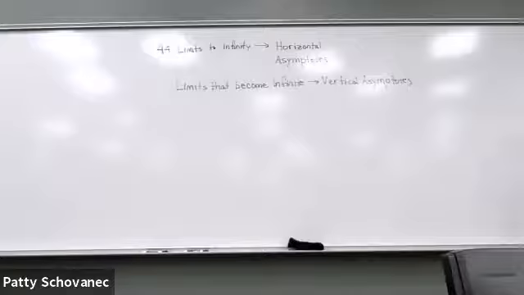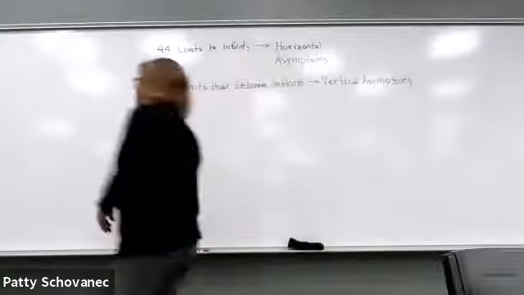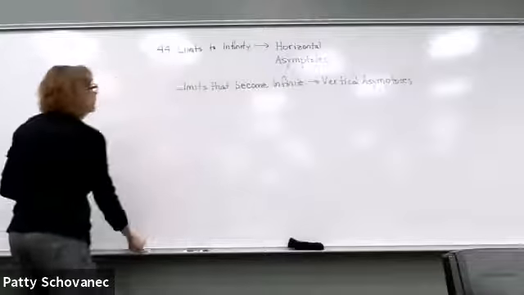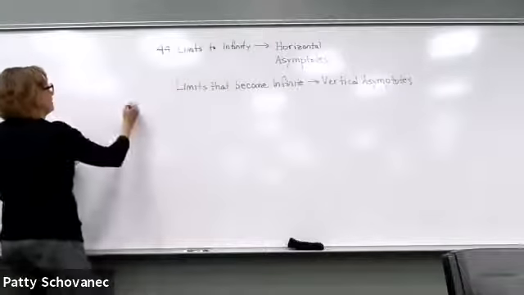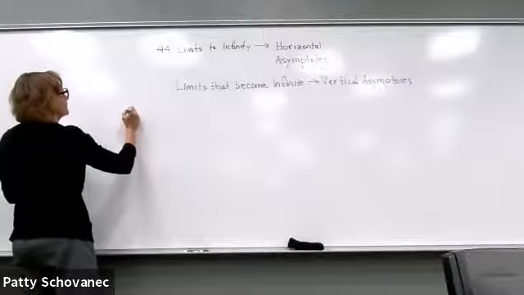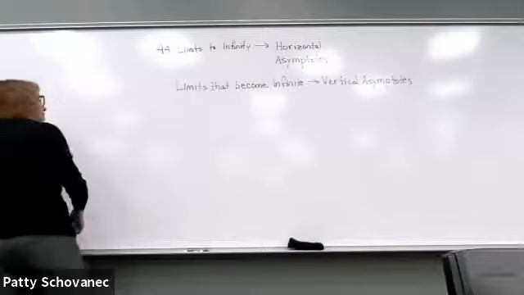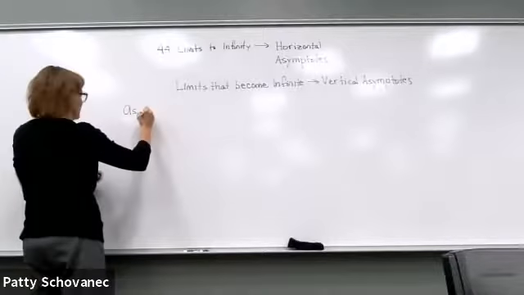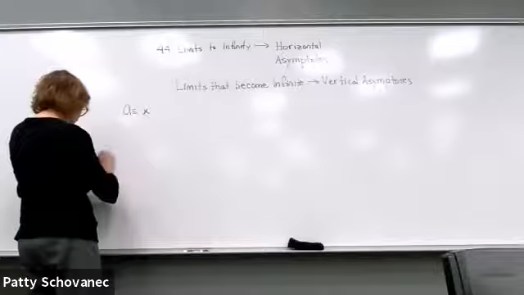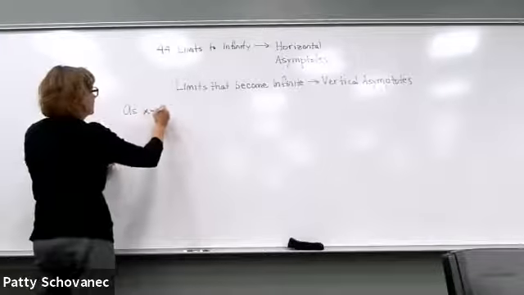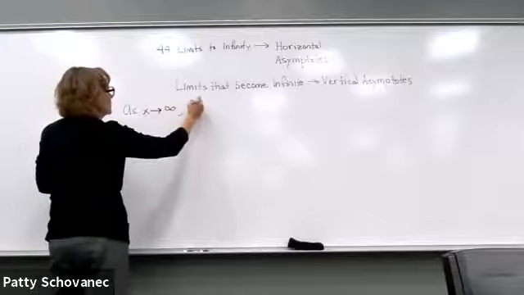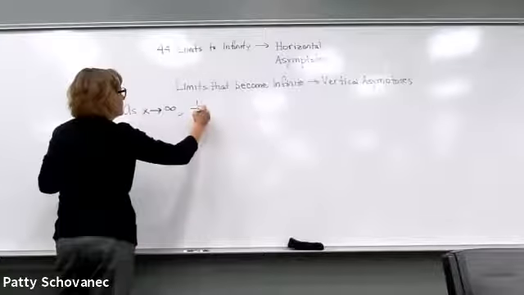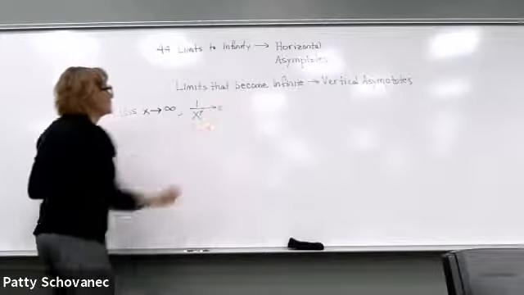Okay, so one of the things that we were doing when we were looking at limits to infinity is using the fact that as x gets big, one over x to a power is going to go to 0.